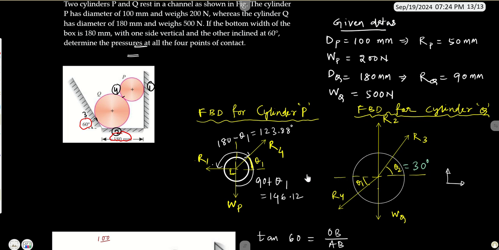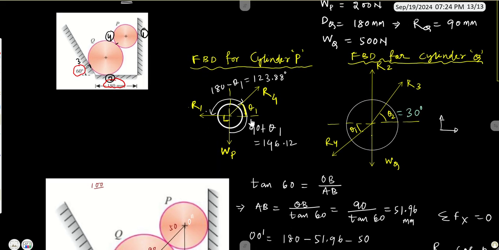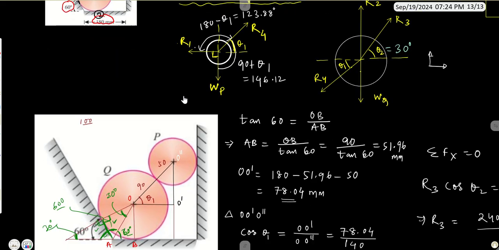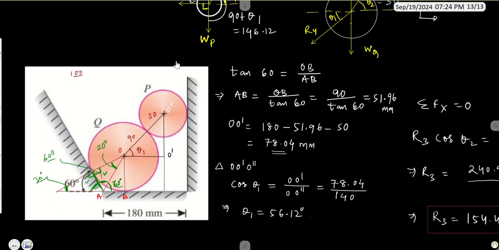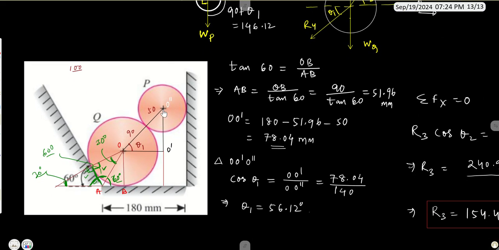Now we'll be interested to find out the value of these two angles, theta 1 and theta 2. So for that let us do some constructions. Here I have joined the center point of P and the center point of Q, right?